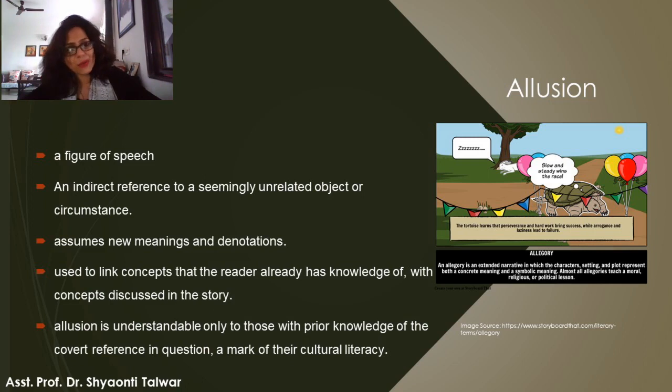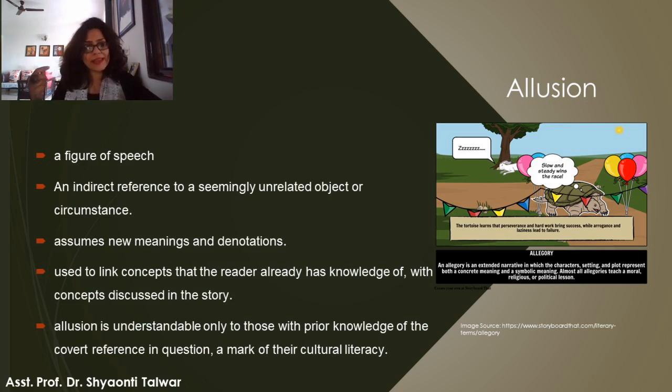Even the tortoise has a chance. So, when I say this, I'm alluding to a story which is outside her situation and the situation that I'm referring to, where she is stressed because she is studying more than necessary. She is working very, very hard without taking a break.